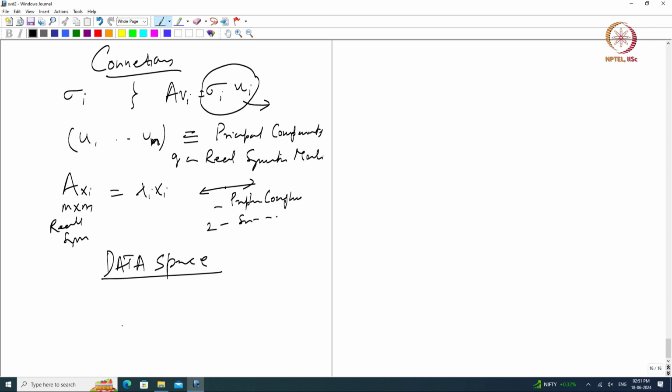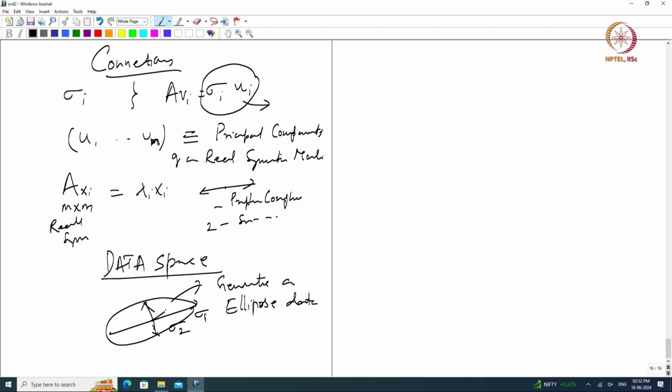the singular vectors look like this. This is sigma 1, the next one is orthogonal to that, which is sigma 2, that is the length of this. So, in 2D, sigma 1 and sigma 2 generate an ellipse.